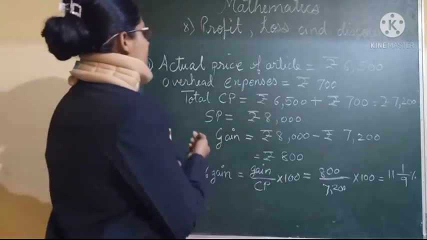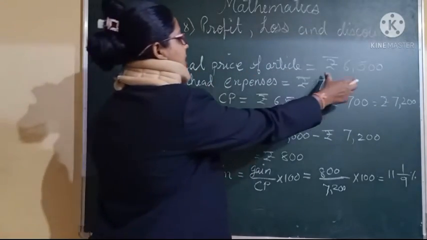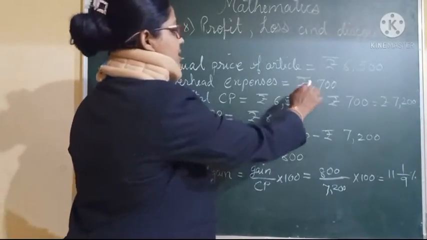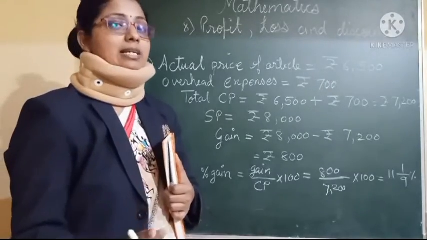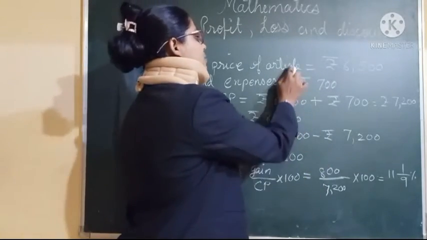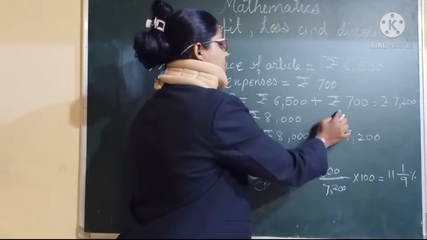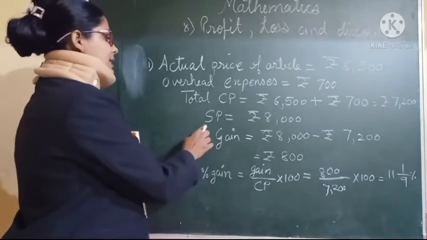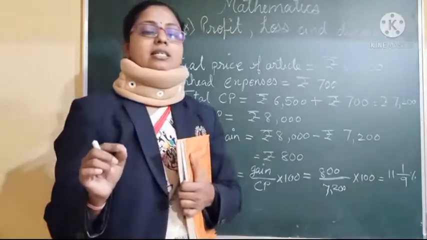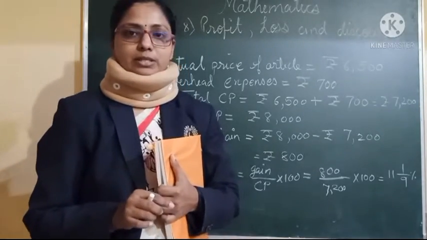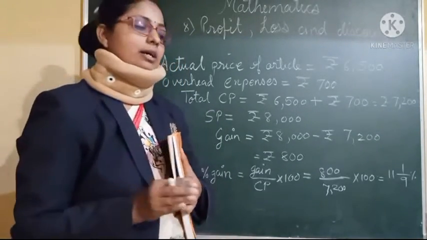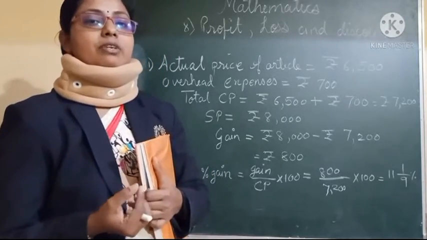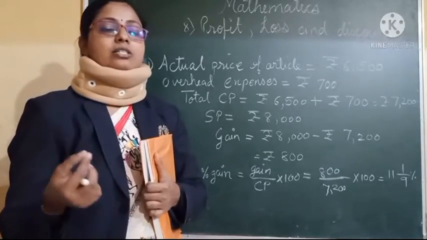Let us solve. The actual price of the article is 6,500 and overhead expenses are rupees 700. So we find the total cost price by adding these both values, and we get the cost price as 7,200. Now, the selling price is given as 8,000 rupees. To find the gain, the formula we know is selling price minus cost price.